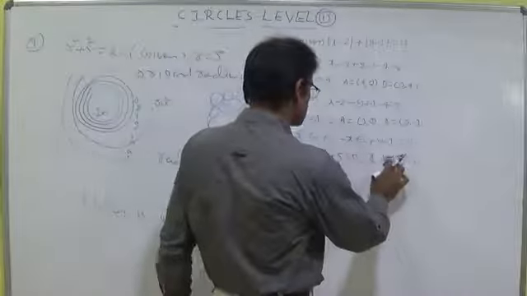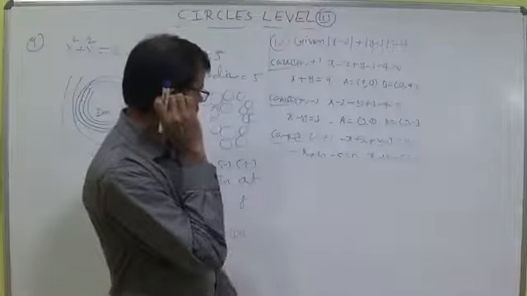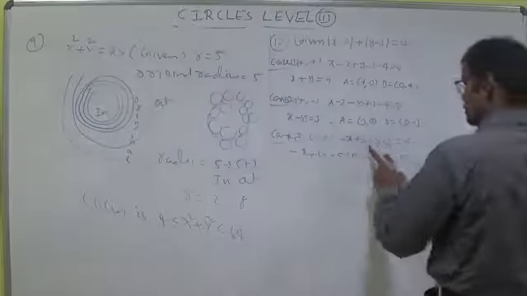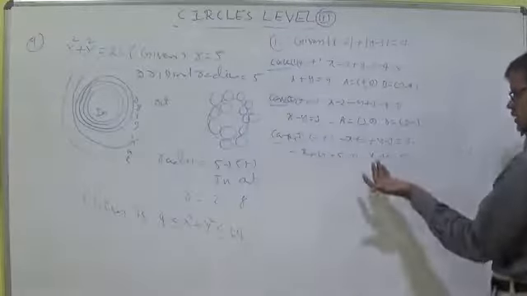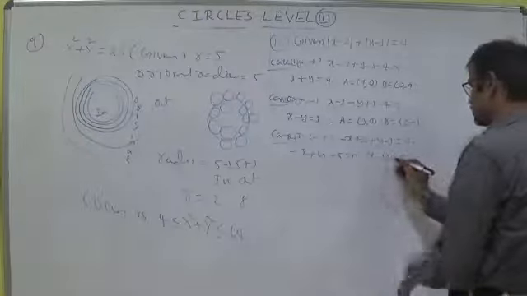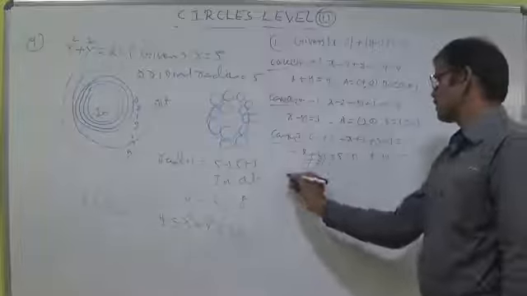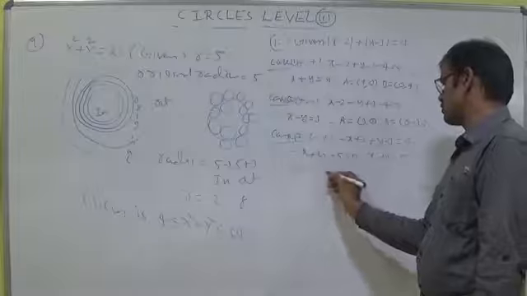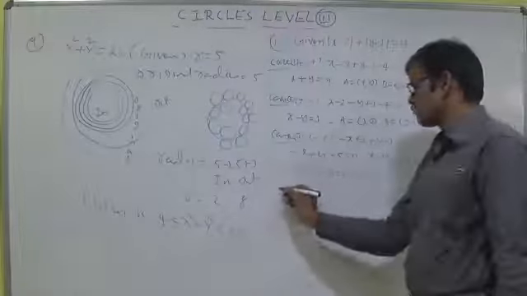Taken this side, it becomes plus 5, x minus y plus 5 by multiplication with minus. So the intercepts I am writing as A is equal to (minus 5, 0) and B is equal to (0, 5).